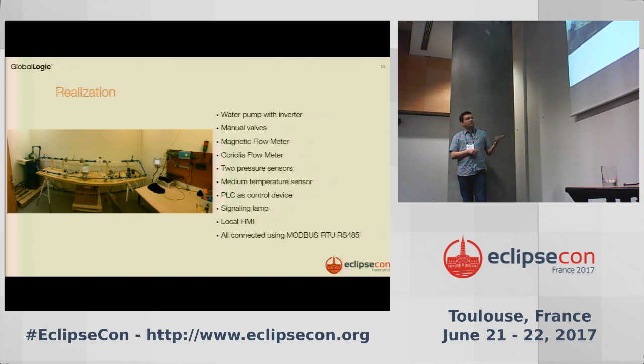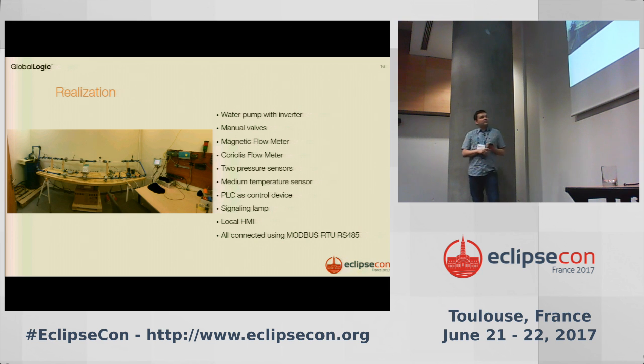We've got a magnetic flow meter, a Coriolis one, a pressure sensor, and a temperature sensor. We use the PLC as a facade in front of all those components to have the ability to manually control this setup. We also have a local HMI, and everything can be controlled without any other software outside. So without any cloud, any application, or anything, we can control it locally.